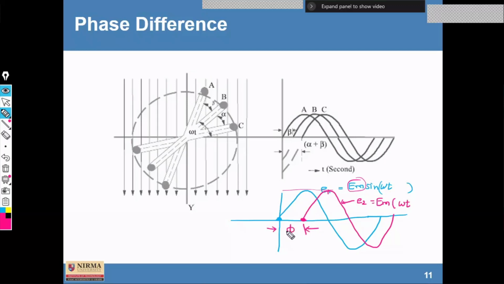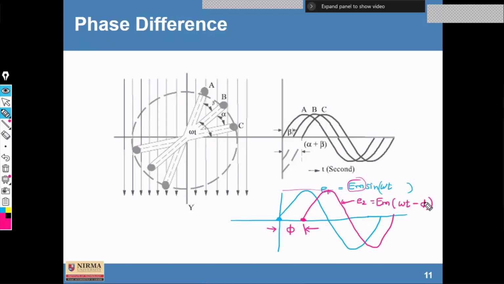We can say E2 lags behind E1 by an angle phi.